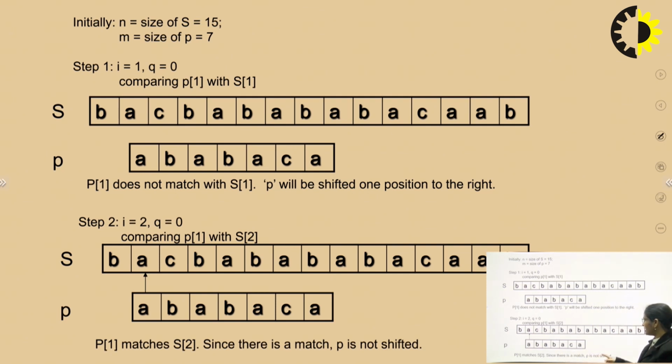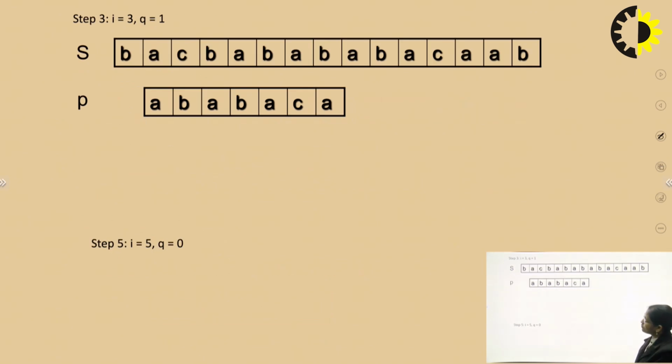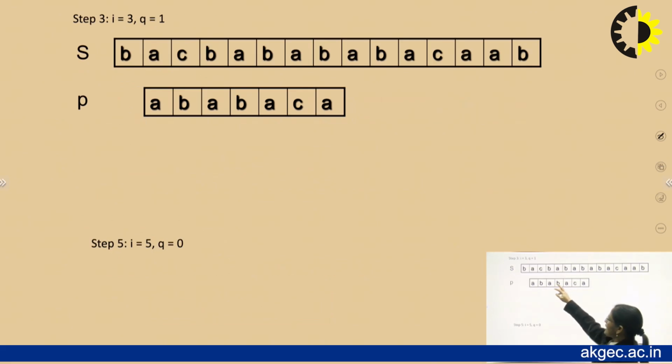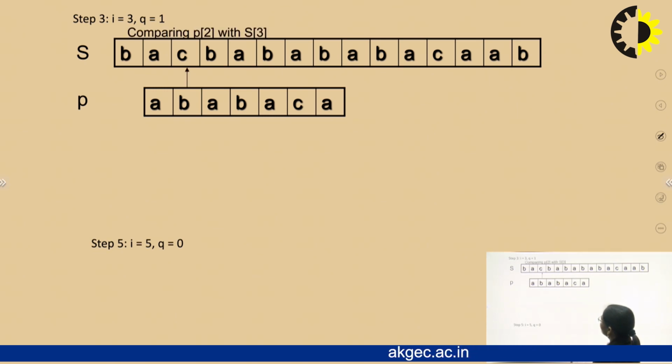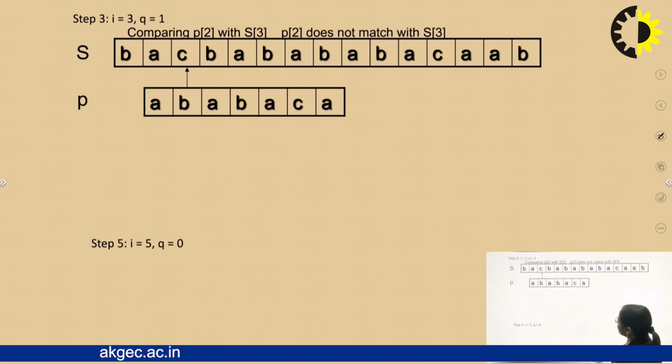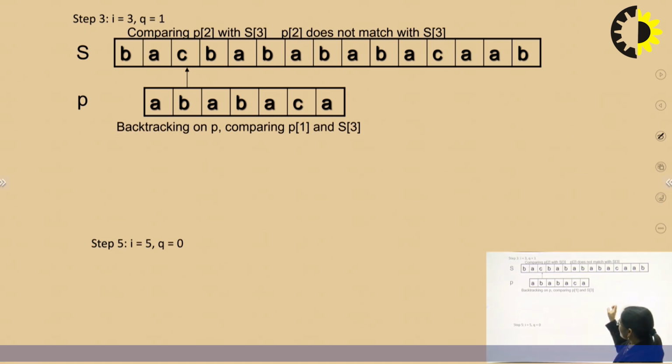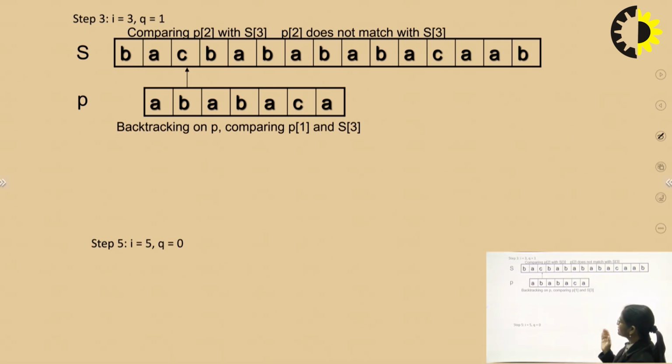Since there is a match, P is not shifted. So we set I equal to 3 and Q equal to 1. We have to compare P2 with S3, and since it doesn't match, we have to backtrack on P and again compare P1 with S3.